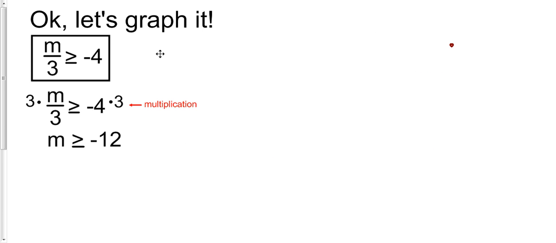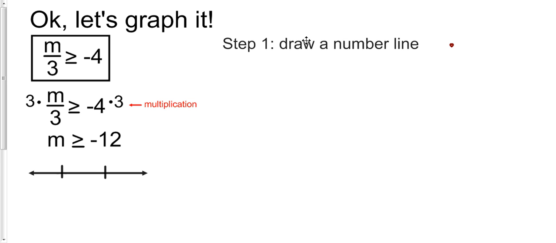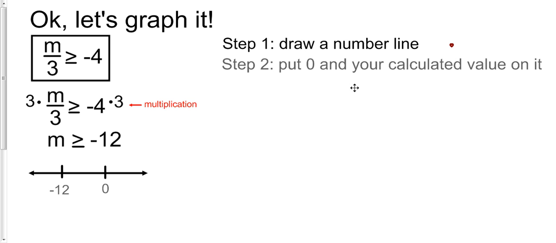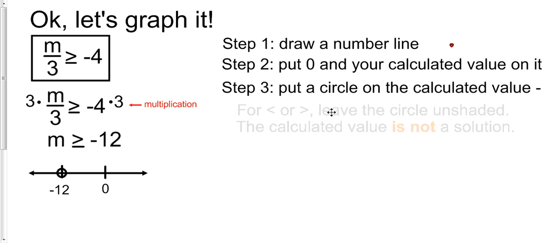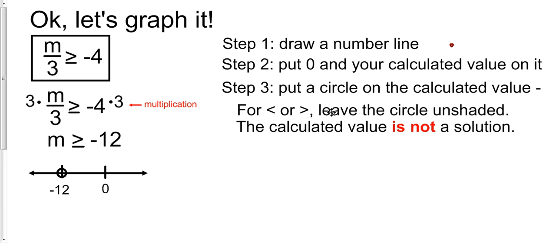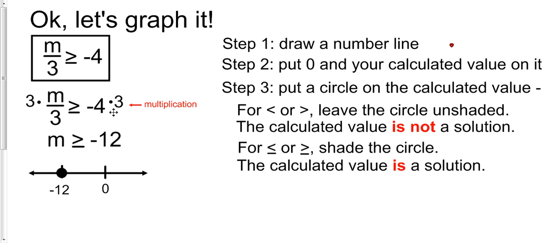Okay, so let's graph our inequality. Step 1, draw our number line. Step 2, put 0 and the calculated value on the number line. Step 3, put a circle on our calculated value. And remember, if it's less than or greater than, we're going to leave that circle unshaded. The calculated value would not be a solution. But for this example, we have a greater than or equal to.